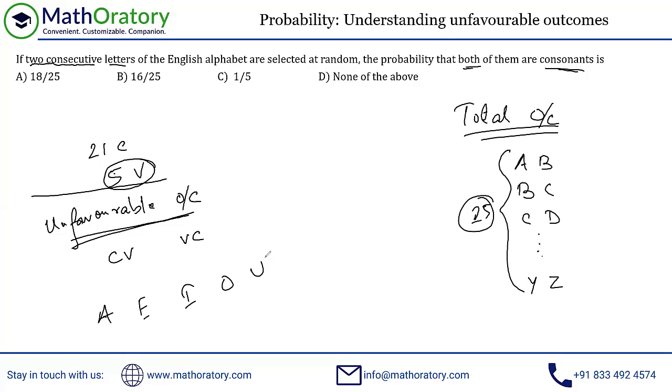So we cannot select two vowels when we are selecting consecutive letters. So only these two types are possible, either a consonant followed by a vowel or a vowel followed by a consonant, which will be unfavorable in nature.